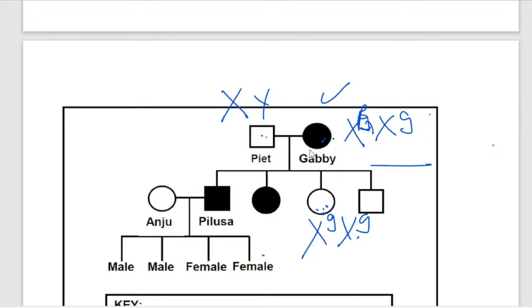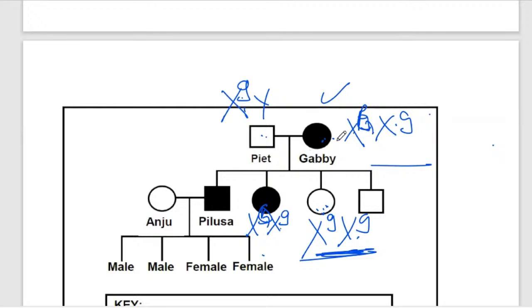If it's normal, automatically it has small g. That's why this and this combine to produce a kid who is a female with the 2 recessive alleles. We are done with this. What about this? A female who is sick. Therefore, this female can't be homozygous dominant. It's going to be capital G and then small g. Why? Because one X came from here, then another G came from there.